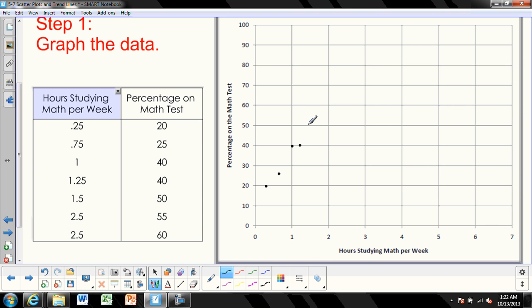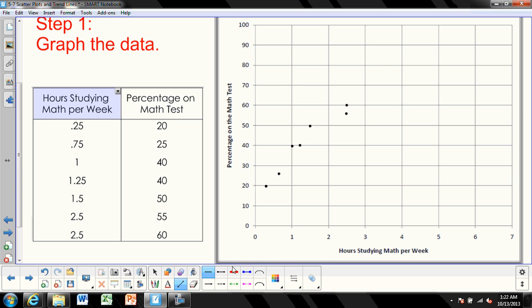An hour and a half, we jump up to 50. Two and a half hours, we go up to 55. And another one that was at 2.5 hours was at 60%.